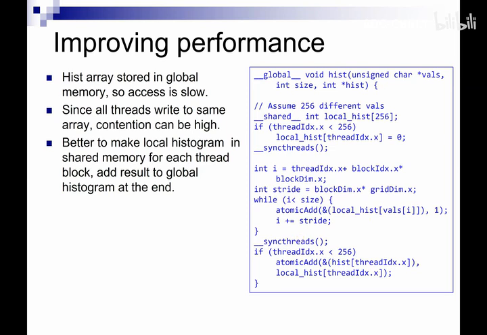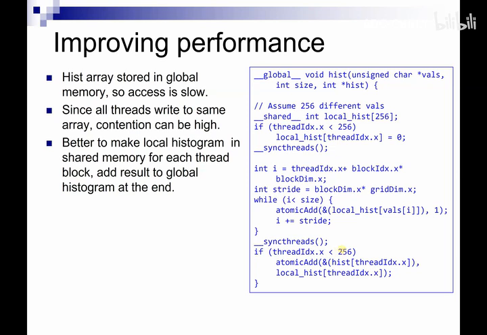Okay, and then the final step over here is to take all of these local histograms and combine them together into a global histogram. And the way we do that is, since these local histograms only have 256 values in them, we only need 256 threads to do this.